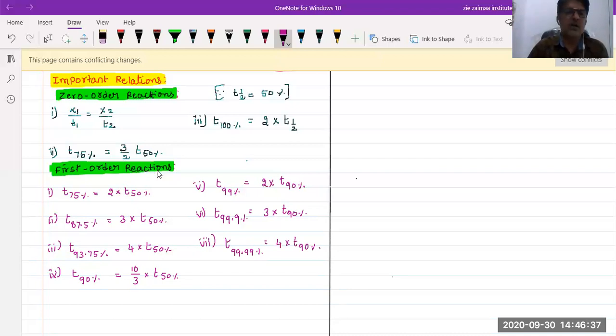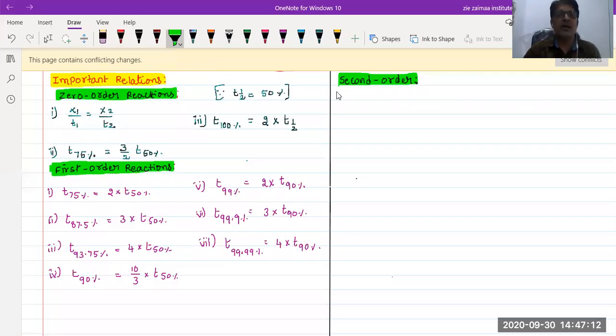Next, come to the second order. We already learned in the previous class the formula of K, the specific rate, for zero order and half life. Just please revise that once.